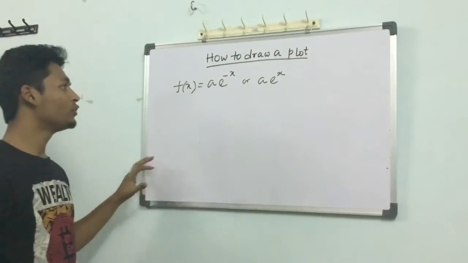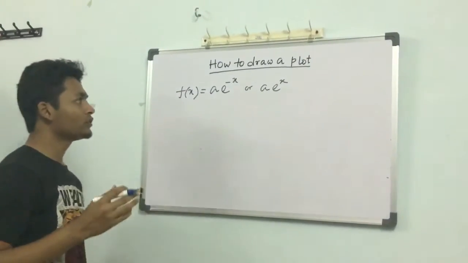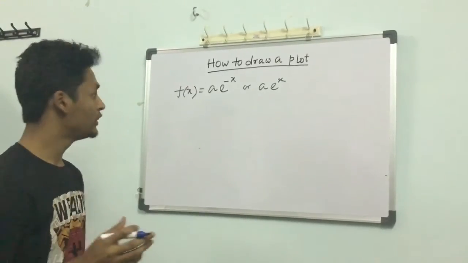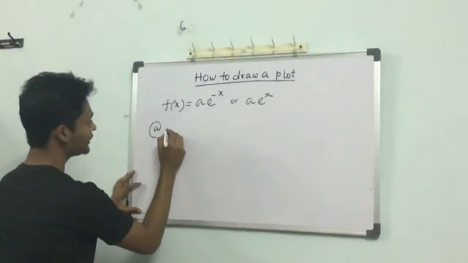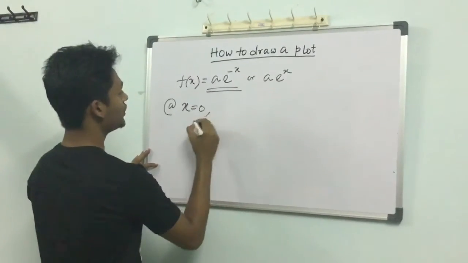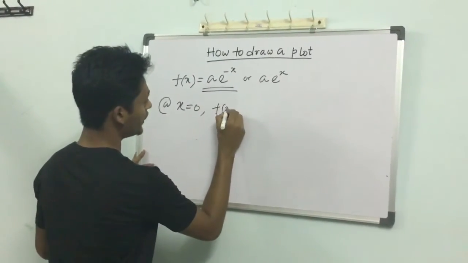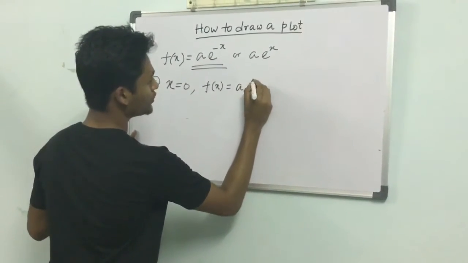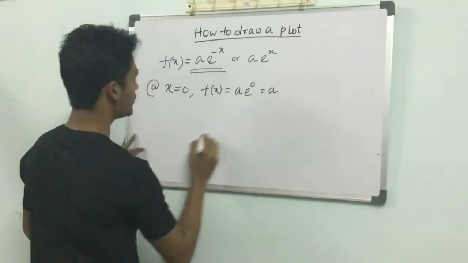To draw this, what do we have to know? We have to know the value of the function at some points. At x equals 0, f(x) is going to be a e to the power 0, which equals a.